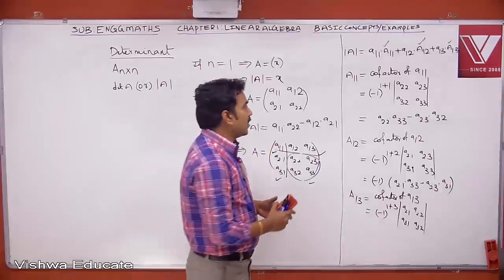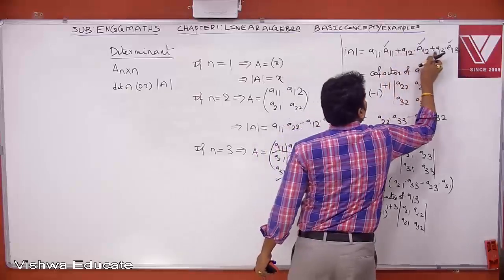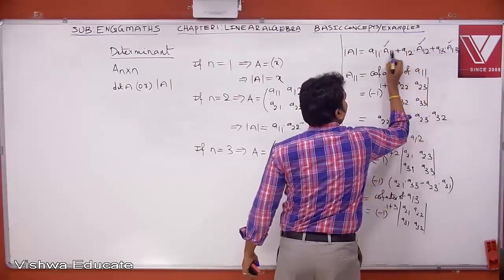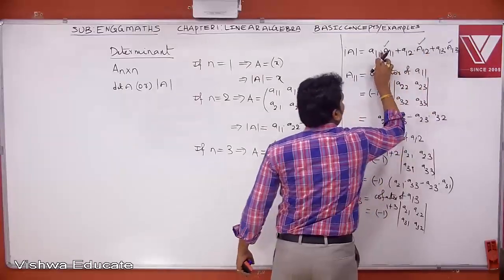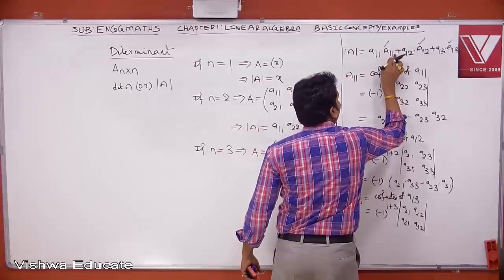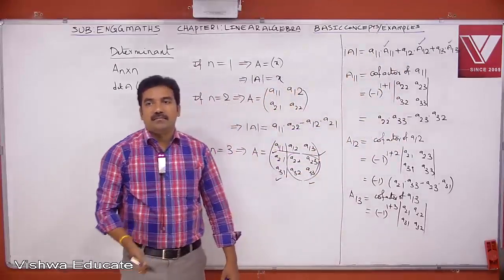Therefore, the determinant of a square matrix is given by the sum of products of elements of any row or any column along with their cofactors. That is called the determinant of a square matrix capital A.